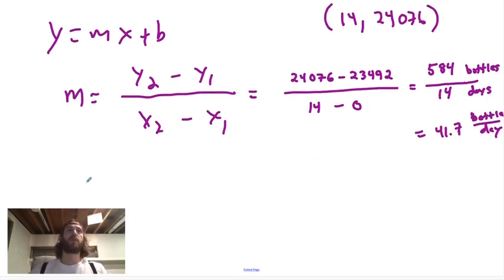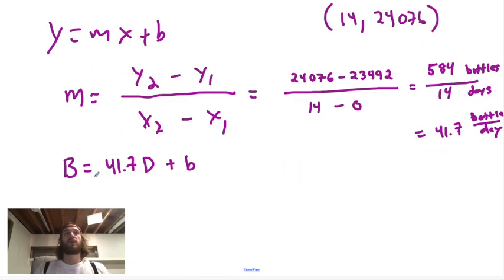All right, so now I'm going to plug that in, except remember I'm going to use B equals mx plus b. m is now 41.7, plus 41.7 times d, which is the number of days that have passed, plus b, our y-intercept.